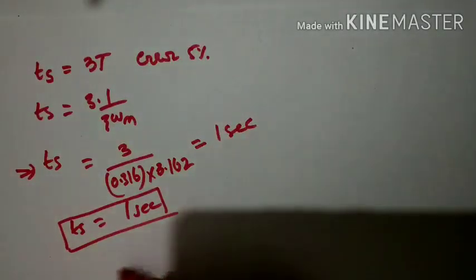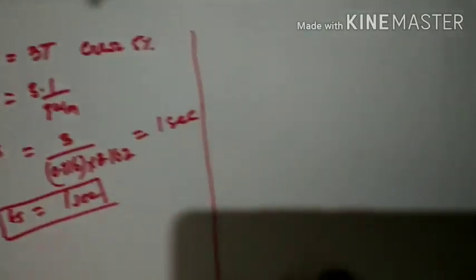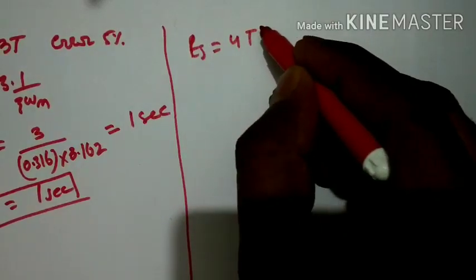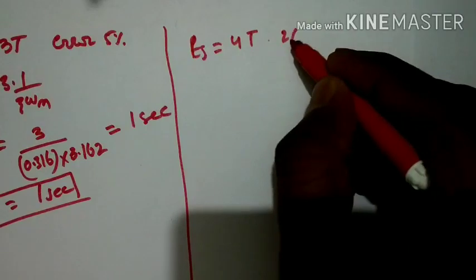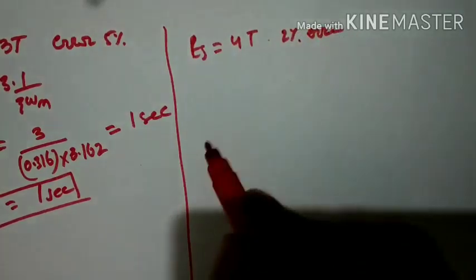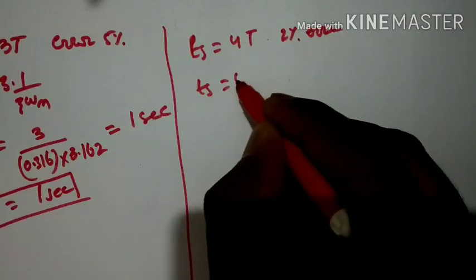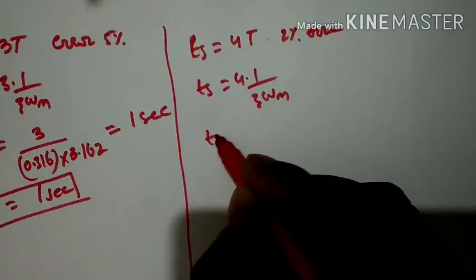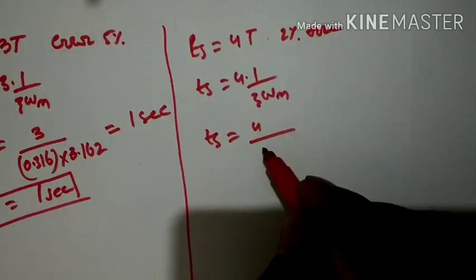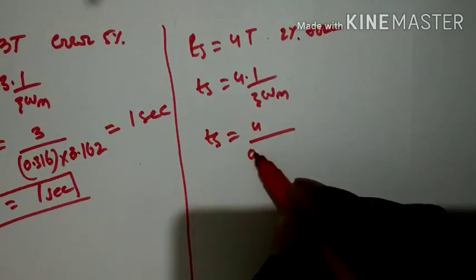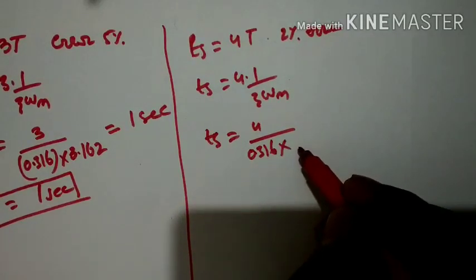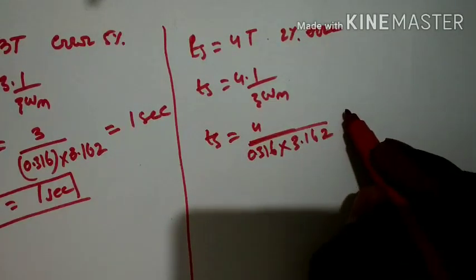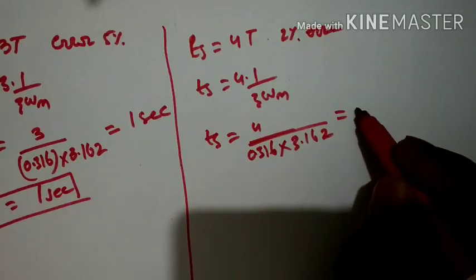For 2%, Ts is equal to 4T, where 2% is the error percentage. So Ts is 4 into 1 by zeta omega n. Zeta is 0.316 and omega n is 3.162. When you divide, you will get 4 seconds.